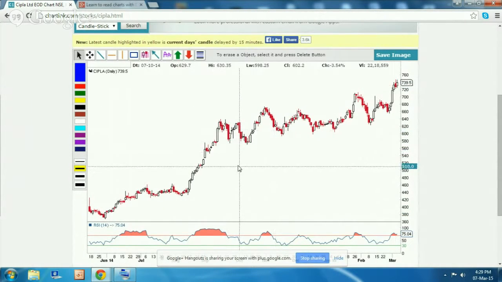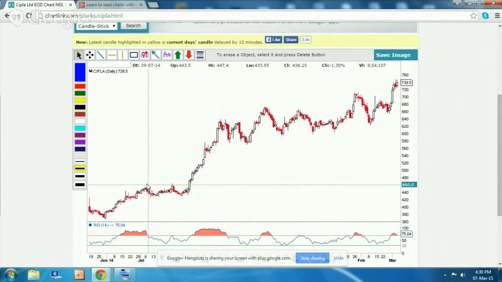How do you look at the chart? You use different technical tools to pick up meaning from the chart. Now the first tool we will use is what is called the peak and trough method.